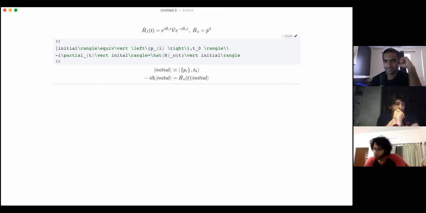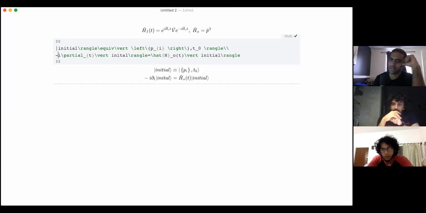It could very well be that it's not for anybody, but presumably we can find states for which this is the right thing to be thinking about, during the interaction, or wave functions during the interaction.